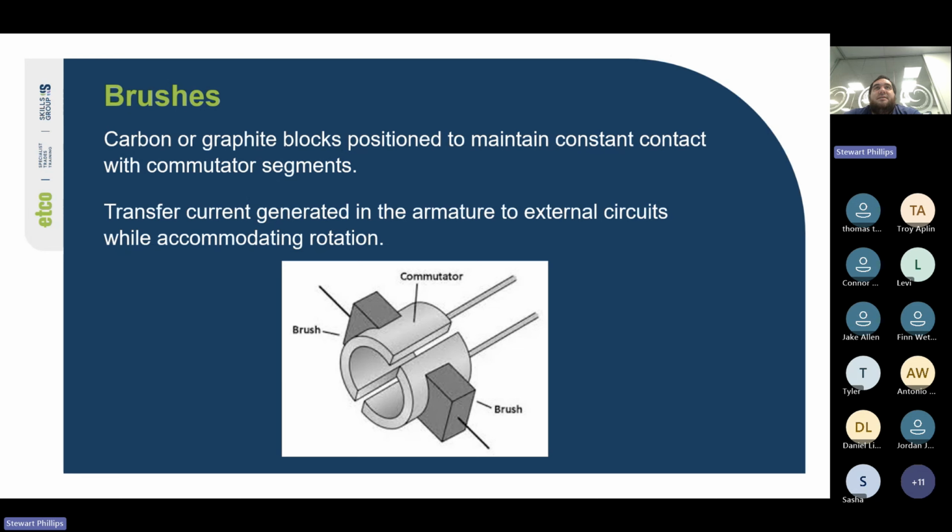Because they continually switch which brush is connected to it, the current flow is always in the same direction. As we add more commutator segments that are touching smaller brushes, we get a more constant DC waveform.